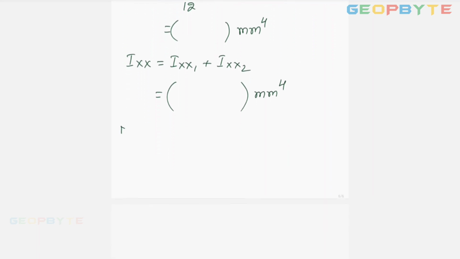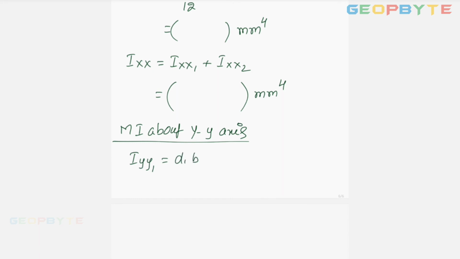Similarly, moment of inertia about y axis. Iy1 equal to, original formula, d1 b1 cube by 12 plus a1 h1 square.